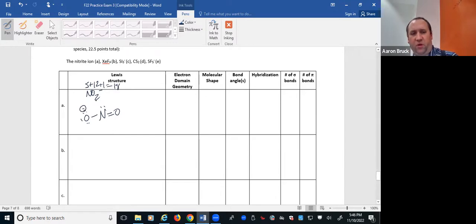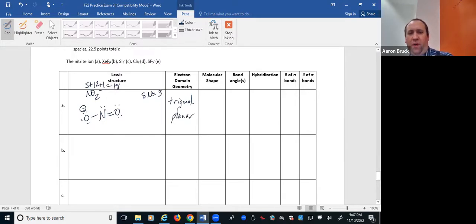So there's my Lewis structure for that ion. Now we get into the VSEPR ideas. I've got a steric number of 3 here. So I've got 1 bonding region, 2 bonding regions, and a lone pair. With a steric number of 3, trigonal planar is my domain geometry.